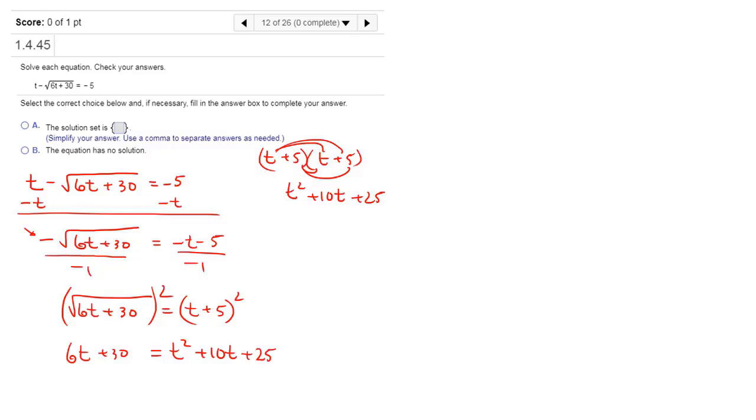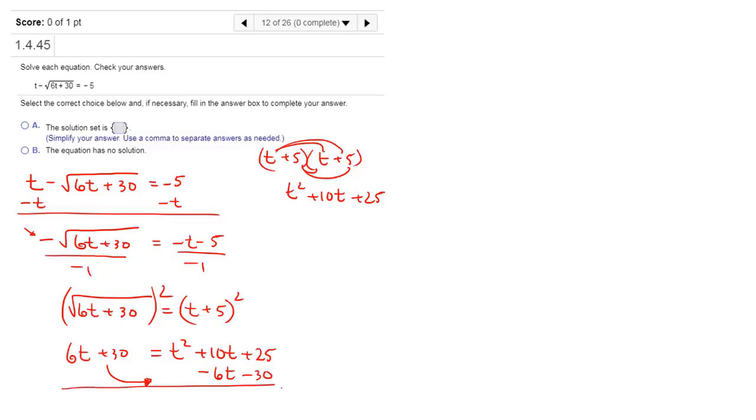All right, now the process begins. I see a t squared over here. Therefore, I'm going to be factoring this quadratic, just based upon what's happening here. But I think it's easier to bring the 6t minus 30 to this side here. So I'm going to do that. I'm going to bring them over. Once you cross the equal sign, they have to change signs. So there's that, and there's that.